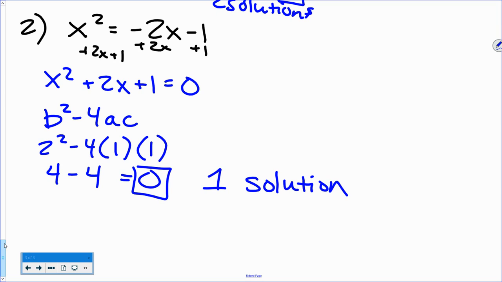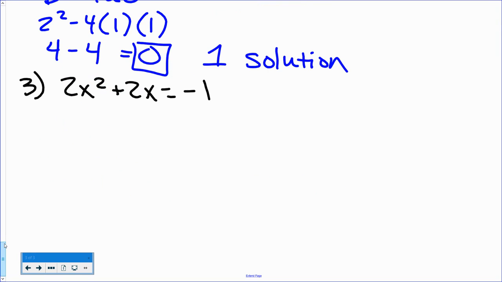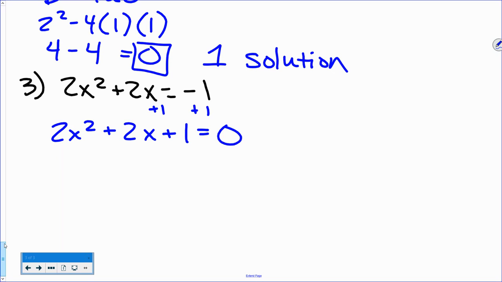Okay, our last example here for finding the discriminant. So 2x squared plus 2x would equal -1. I'll go ahead and get this equal to 0, so I have the proper a, b, and c. So 2x squared plus 2x plus 1 equals 0.